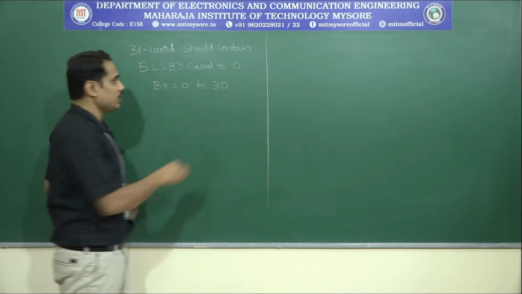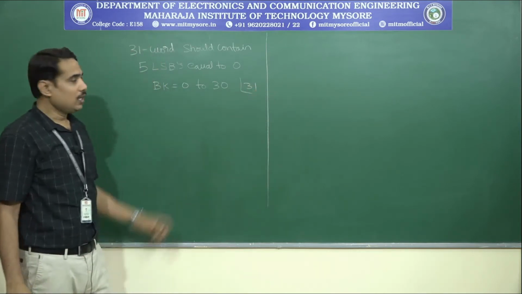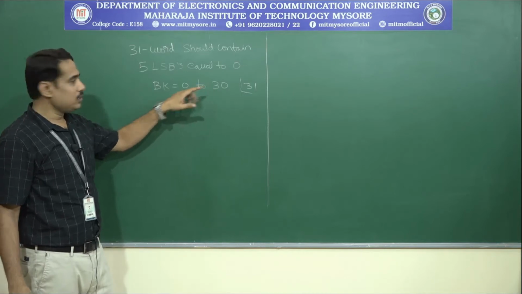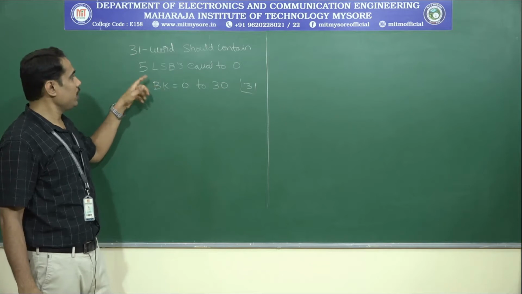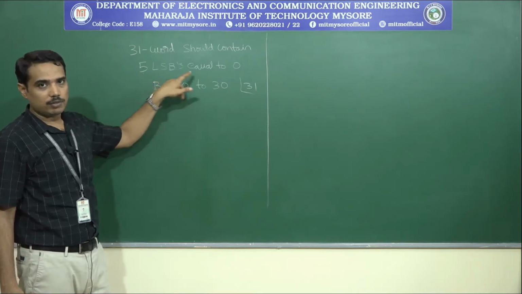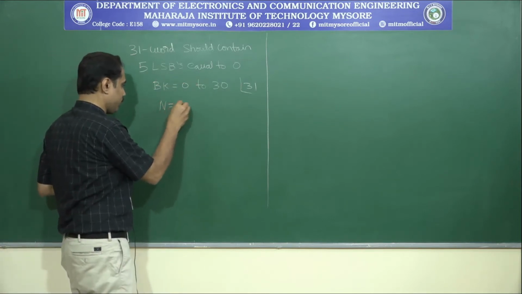Total size is equal to 31. Like this, we are going to fix the size of the BK with respect to one part. The other part is we need to make n LSBs equal to 0. Here the n is equal to 5.